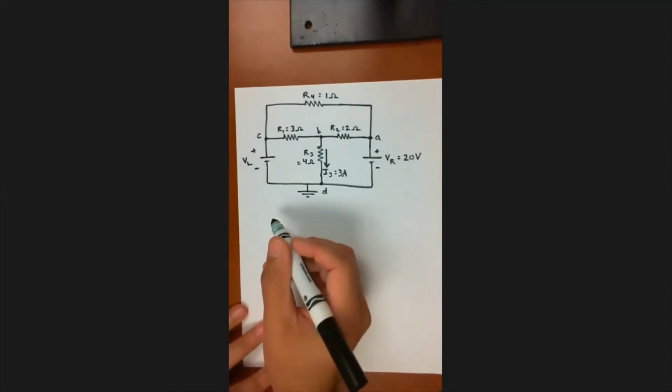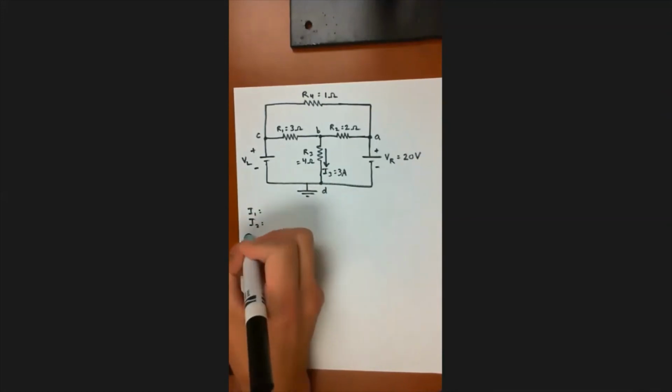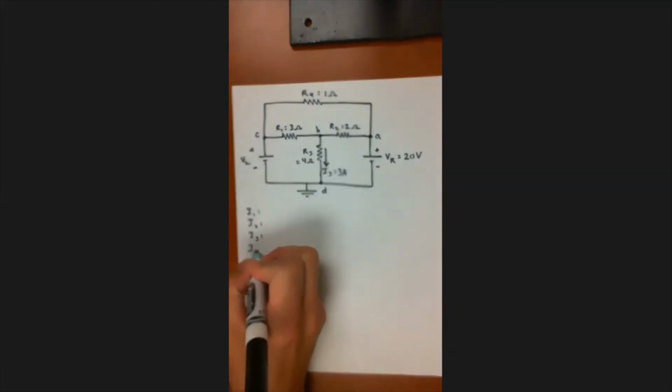All right, so I'll go ahead and write out all that you need to find. I1, I2, I3, that's already given, so you can fill that in.